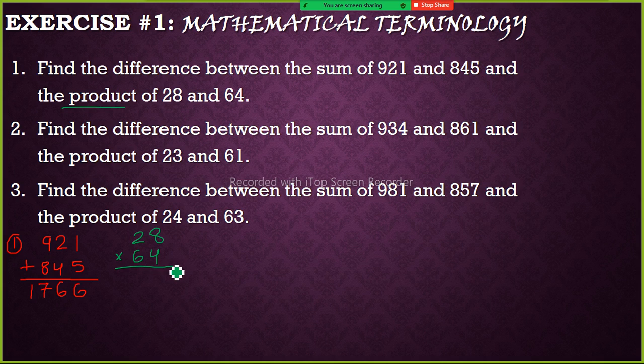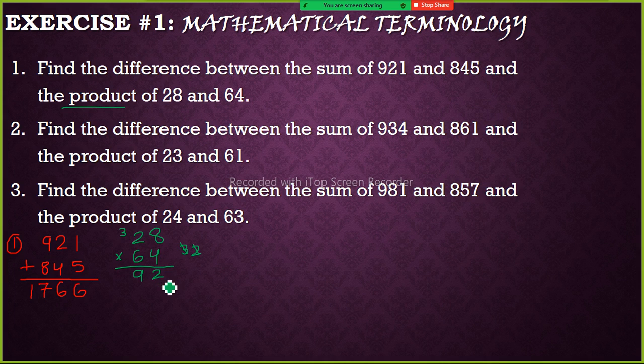We know 4 times 8 is 32. Put the 2 down, put the 3 up. 4 times 2 is 8, plus 3 is 11. Right?